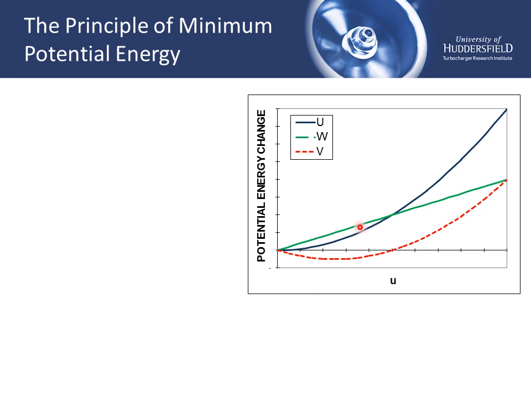Here's the work done increasing linearly. Here's the change in elastic potential energy going up because it's squared. And remember that we take the work done off the elastic potential energy to give us the total change in potential energy, and that forms this curve down here, which clearly has a minimum.